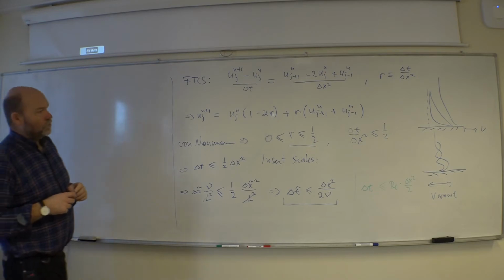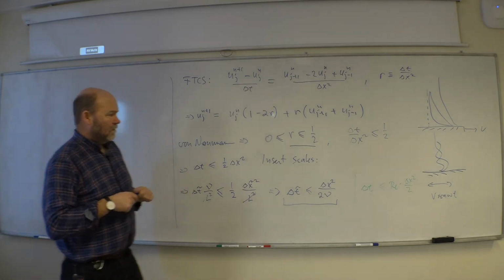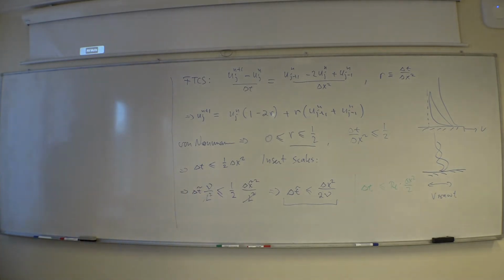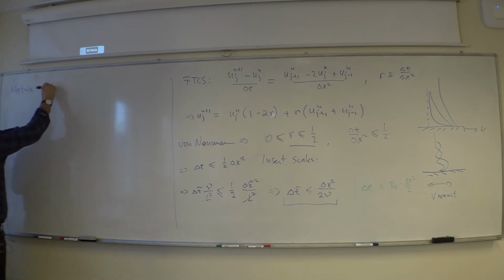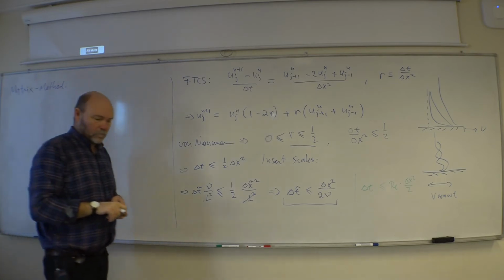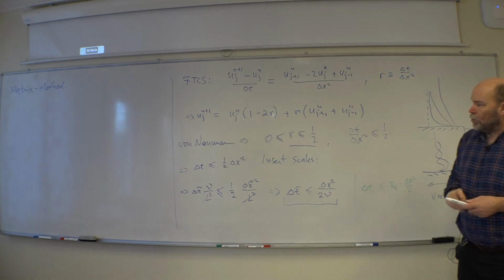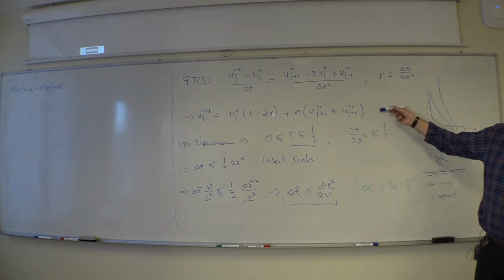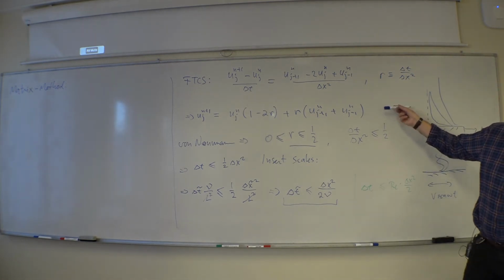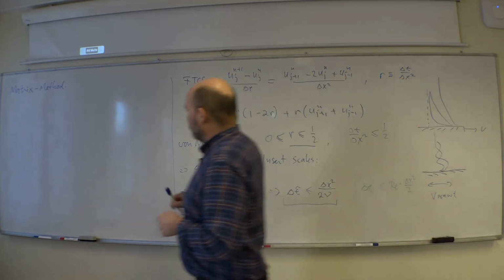Just to show you, you don't have to write this down, just to show you, use a matrix method for the same problem. How to do that? Well, you will write the algebraic equation system in a matrix form. How will this matrix look like?